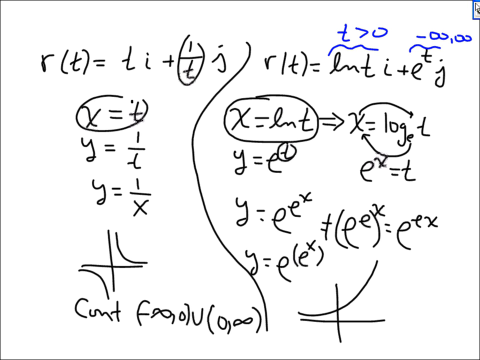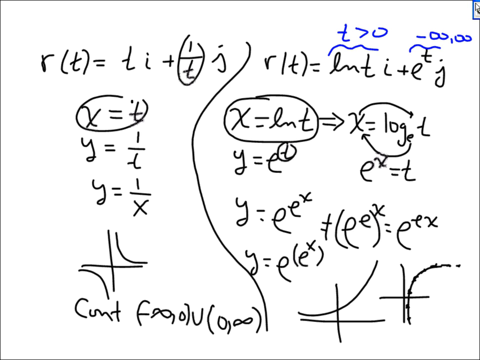If you look at ln of t, x can be any one of the y values on this curve. x can go from negative infinity to positive infinity. x can be anything.